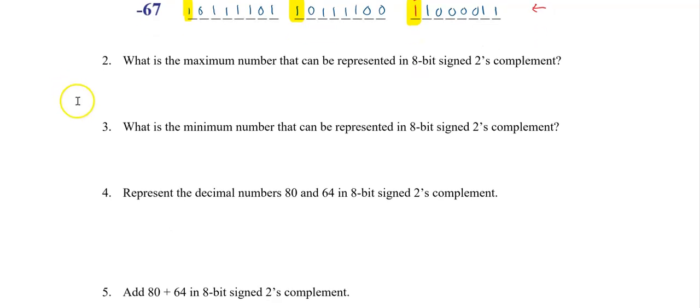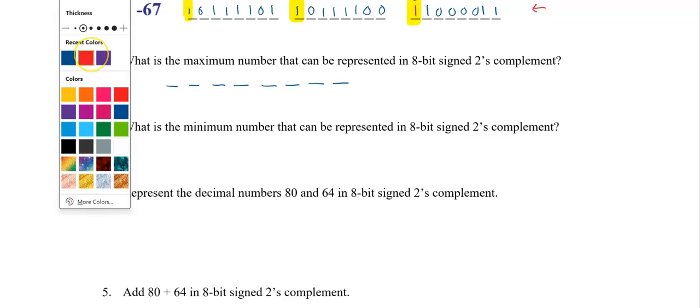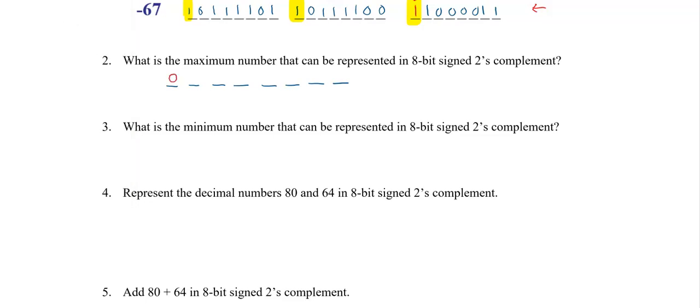Okay, so what's the maximum number that can be represented in our 8-bit 2's complement system? In our 8-bit system, we have 1, 2, 3, 4, 5, 6, 7, 8 bits. The maximum number, of course, has to be positive, so our sign bit is going to be a 0.